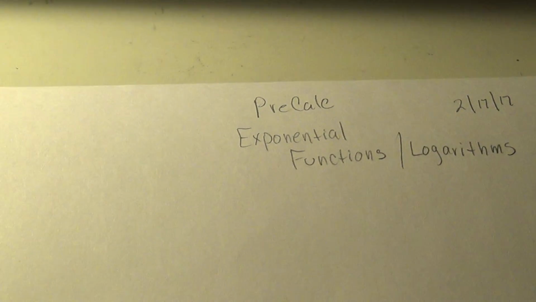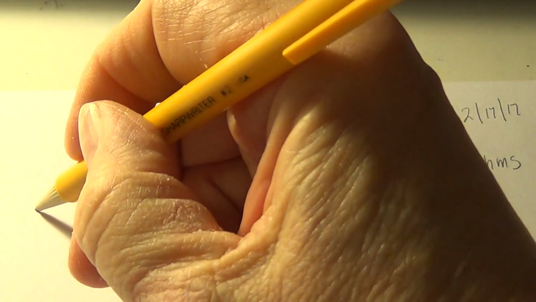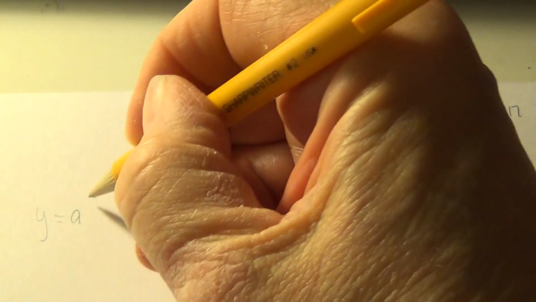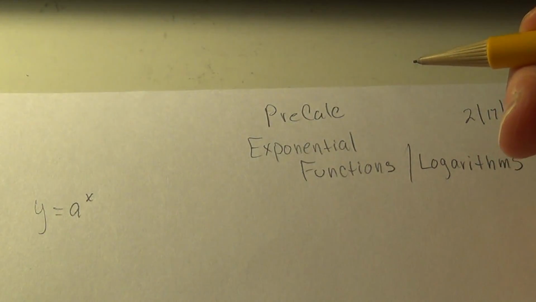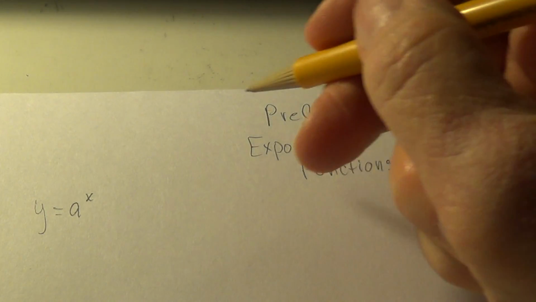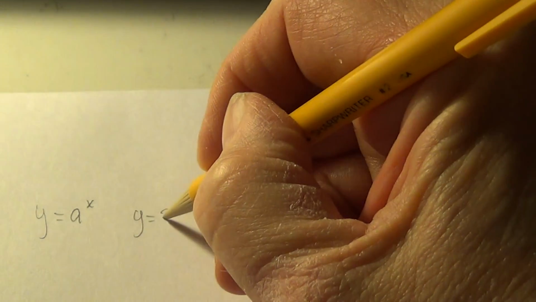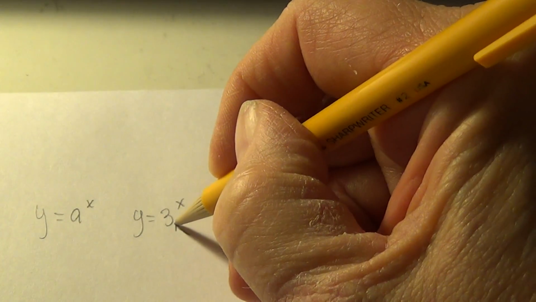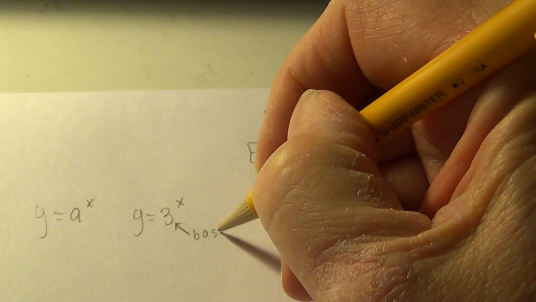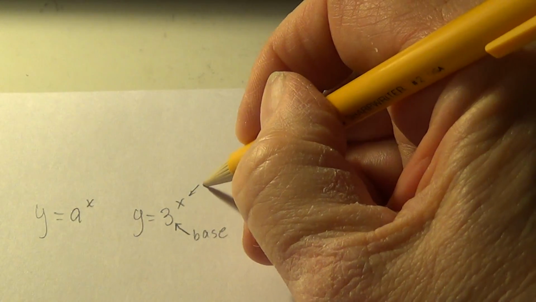Recall that an exponential is of the form y equals some number to the x. That's an example of an exponential. And we learned that this, for example, y equals 3 to the x, this is the base number, and that's the exponent.